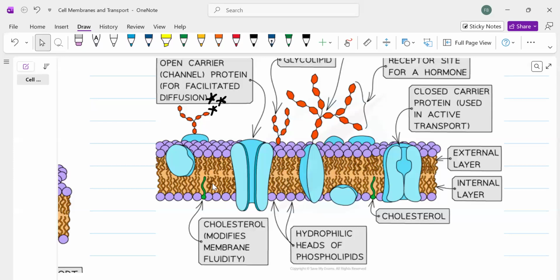So such type of diffusion is known as simple diffusion and it does not need any energy. This is a form of passive transport. Similarly, facilitated diffusion is also passive transport.